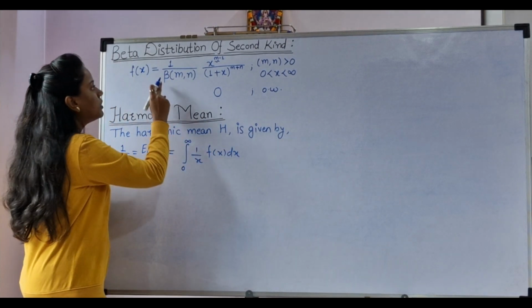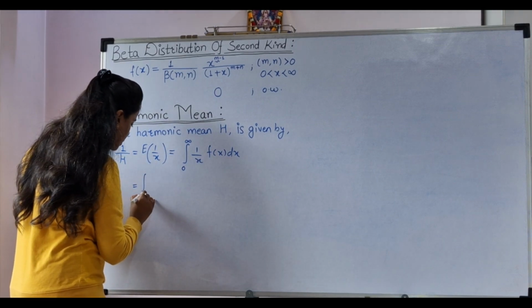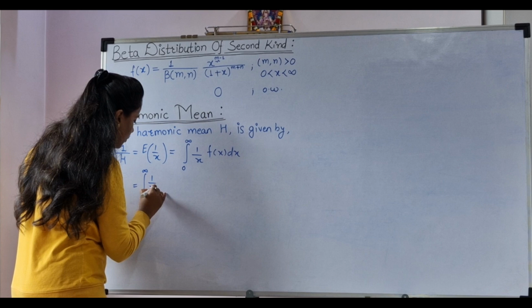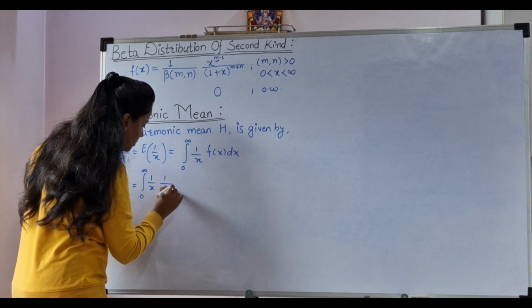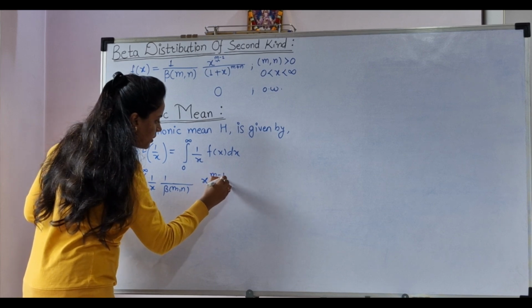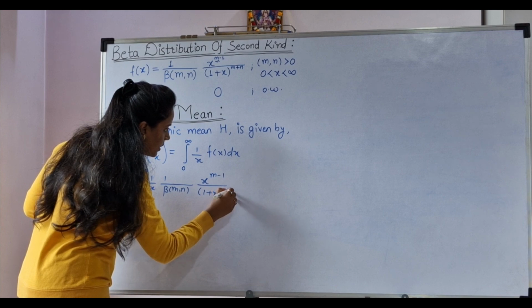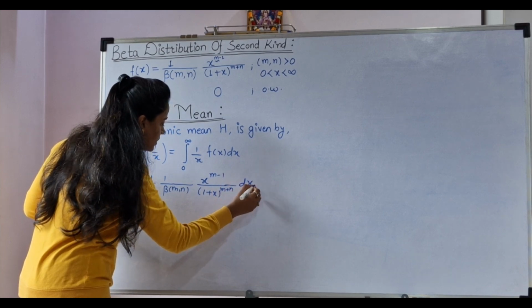Okay, now we will put f of x here. So what we will get, integration 0 to infinity 1 upon x into 1 upon beta(m,n) x to the power m minus 1 over 1 plus x to the power m plus n dx, right?